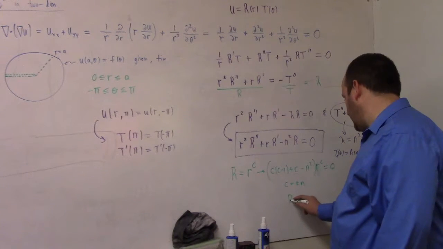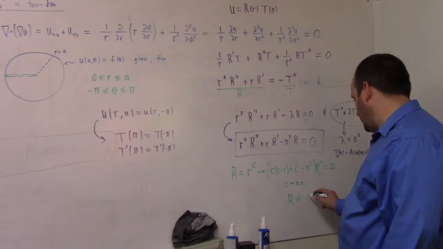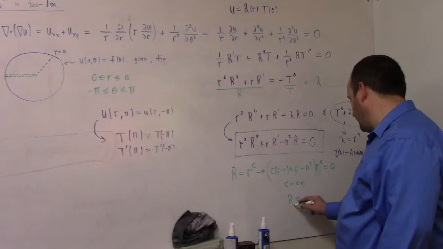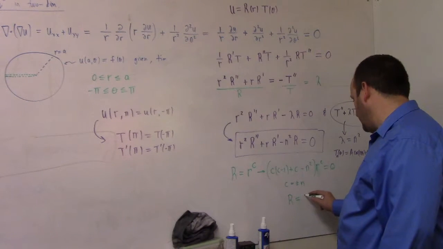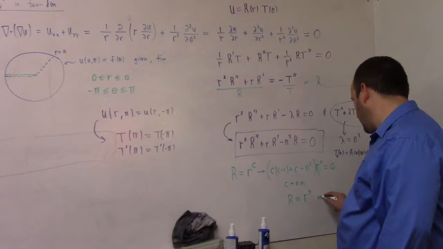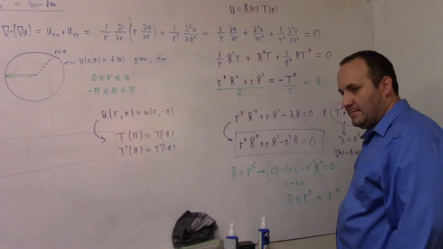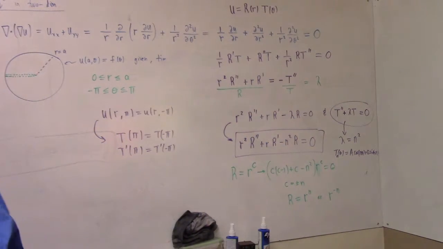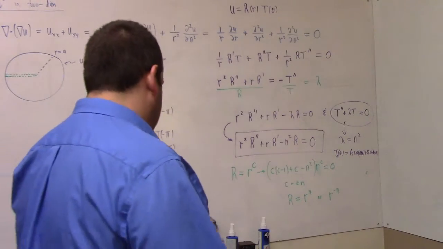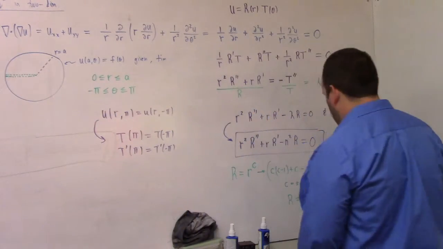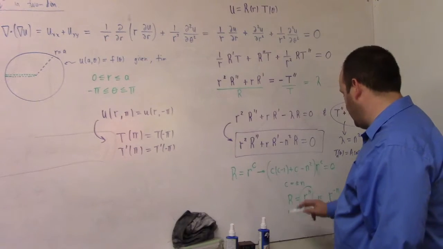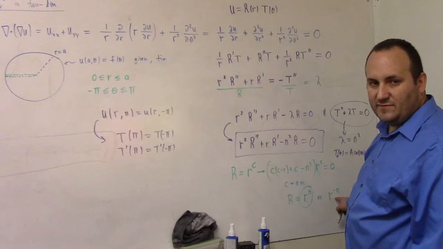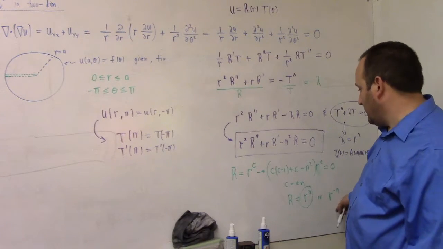Cool, so basically R is then equal to either r to the n or r to the minus n, right? But of course one of those blows up at the origin and one of them does not. So we choose this one, I think. Because 1 over r is divergent at the origin, so we get rid of that one.